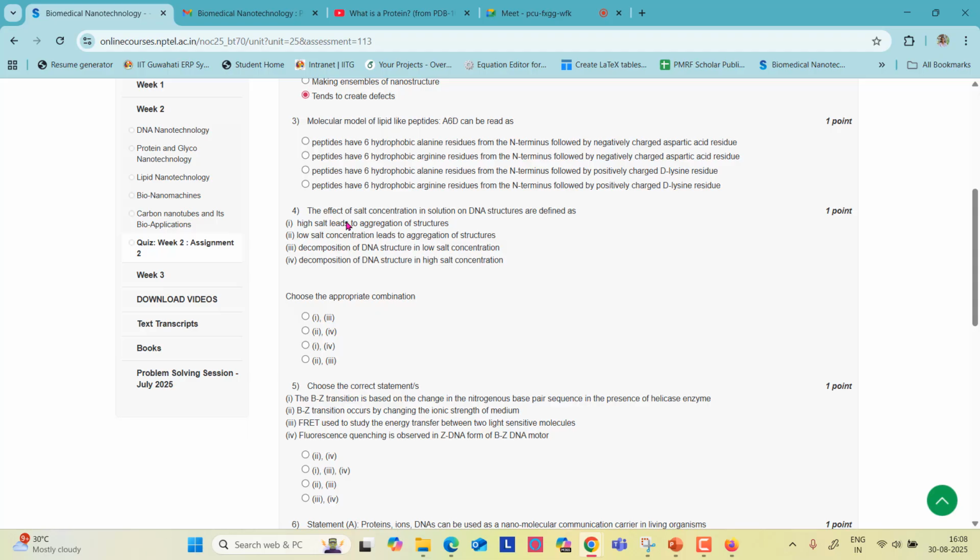DNA. The effect of salt concentration in solution on DNA structures are defined as high salt leads to aggregation of structures, low salt concentration leads to aggregation of structure, decomposition of DNA structure in low salt concentration, and decomposition of DNA structure in high salt concentration.